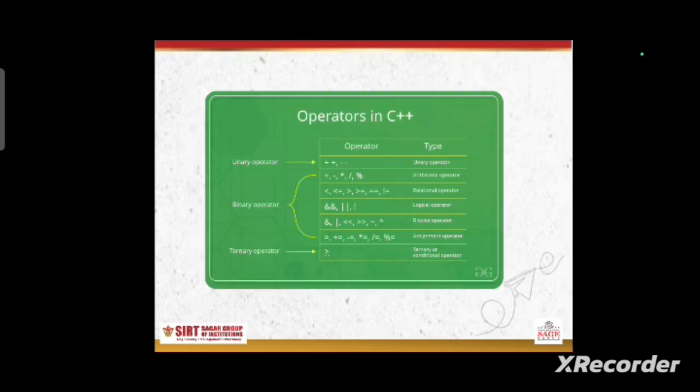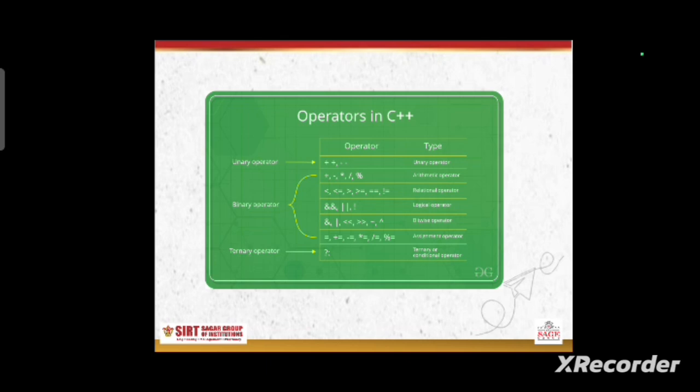We can also categorize the operators into three parts: unary operators, binary operators, and ternary operators. The plus plus and minus minus are the unary operators, and the binary operators are plus, minus, multiplication, division, and percentage, which are in the category of arithmetic operators. Greater than, less than, greater than or equal to, less than or equal to, double equal to, and not equal to are called relational operators, and they belong to the binary operators.